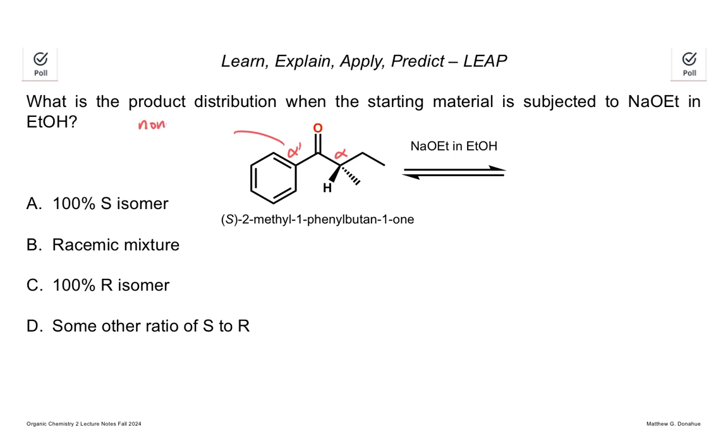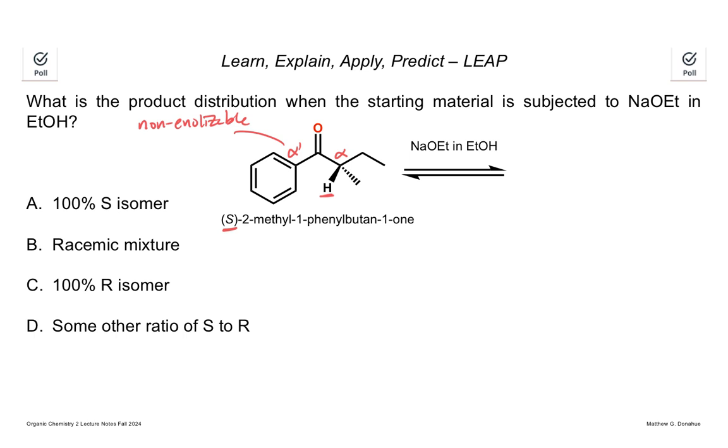So we would say that's non-enolizable. So we don't even have to worry about it. Alpha has one hydrogen, and that carbon has 4 unique groups, which make it the S stereochemistry.